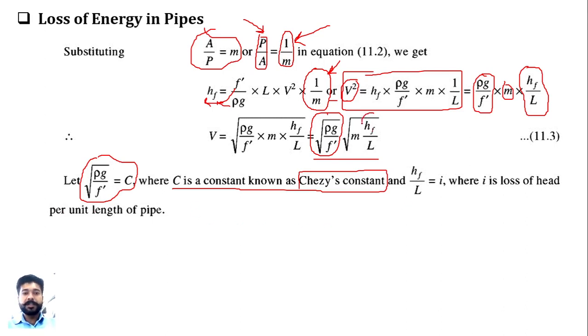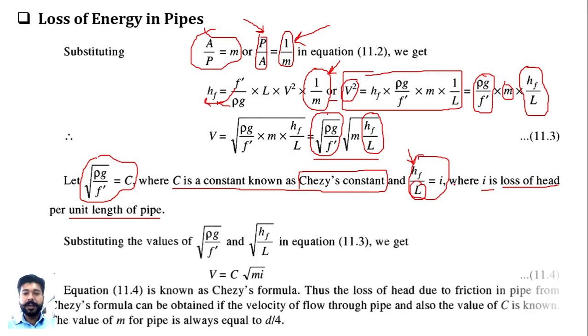Also in this equation, hf divided by L equals i, where i is loss of head per unit length of pipe. So hf is loss of head divided by L, it means per unit length of pipe. So hf by L is replaced by i. Let's put this value in this equation.